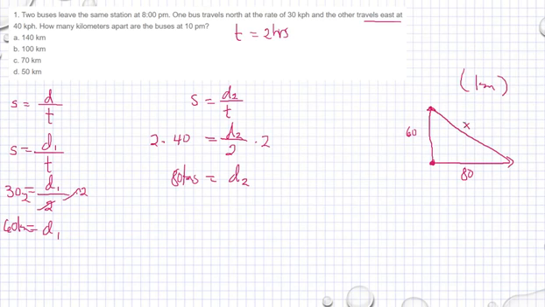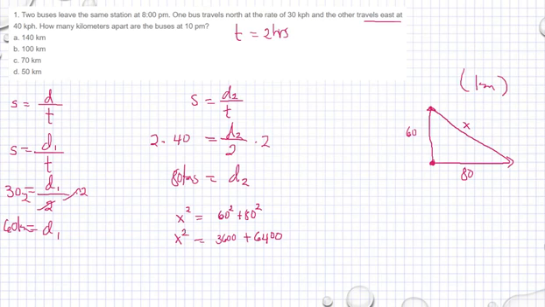So according to the Pythagorean theorem, x squared is equal to 60 squared plus 80 squared. Then we have 3600 plus 6400, it should be, not 80.